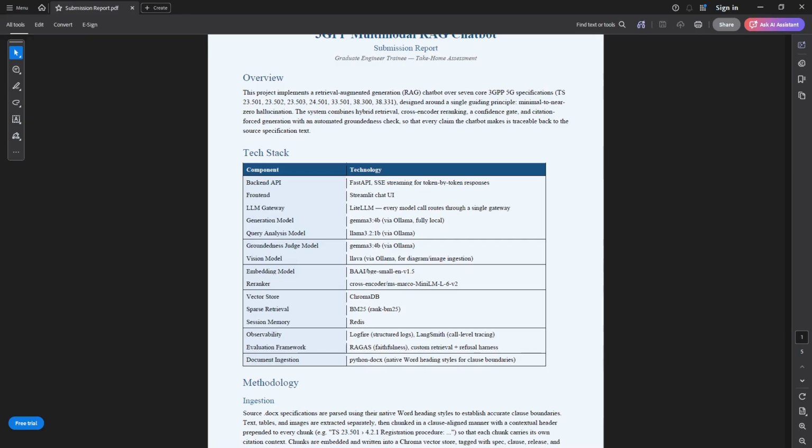Then we are implementing Redis as a cache memory to handle the session memory, and Logfire and LangSmith are used for traceability and give us full observability into every call. Now, these are some tech stacks which I have implemented or tried to implement in this project.